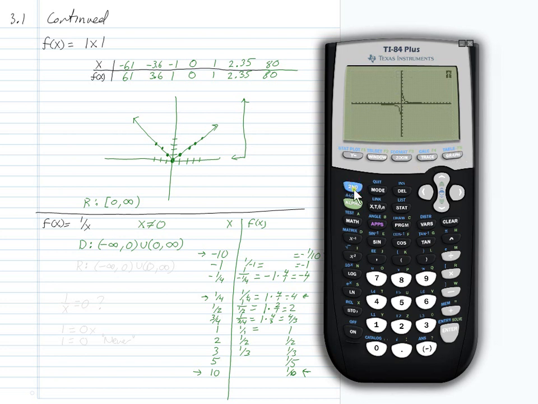If I plug in 0.25, 1 over 0.25 would give us 4. 0.5 gives us 2. 0.75 there gives us the 4/3 that we were talking about. 1 gives us 1. 1.25 gives us 0.8.